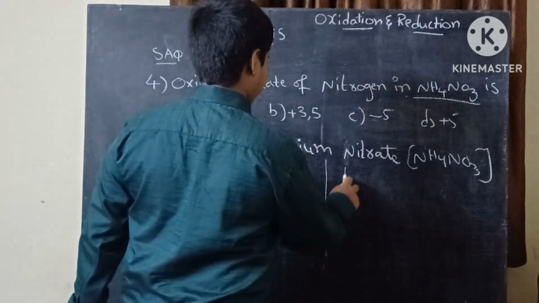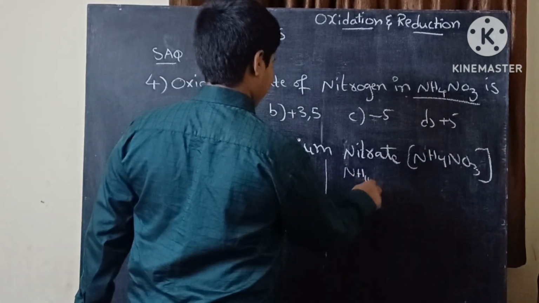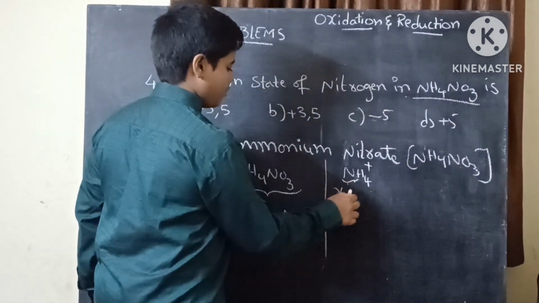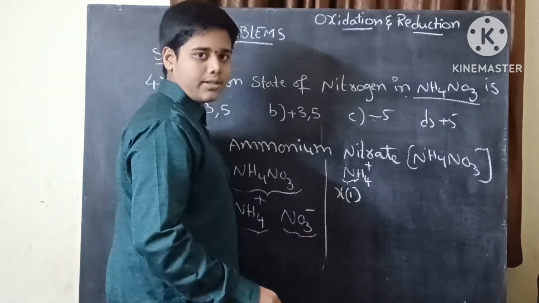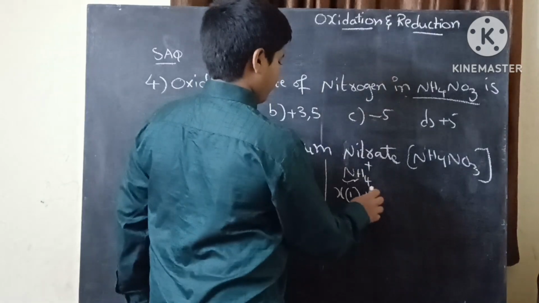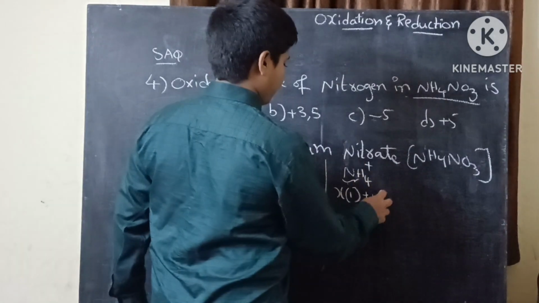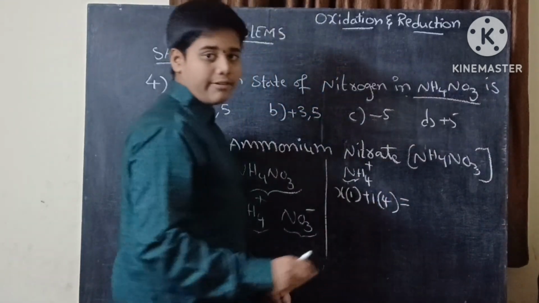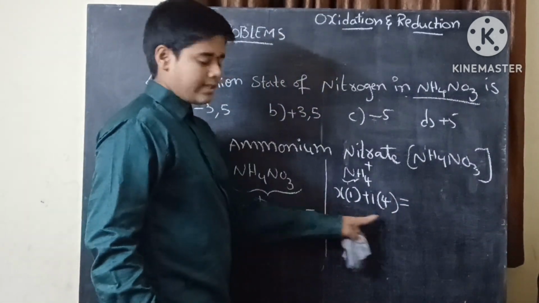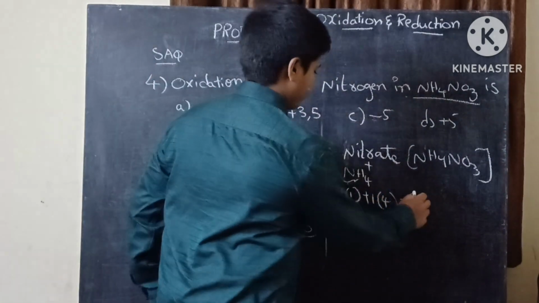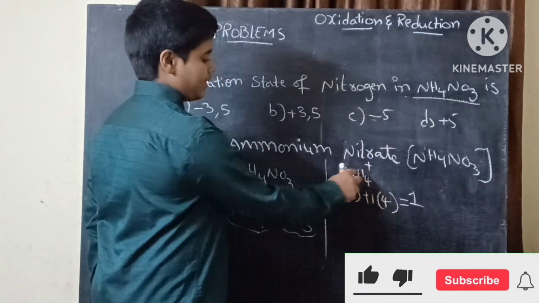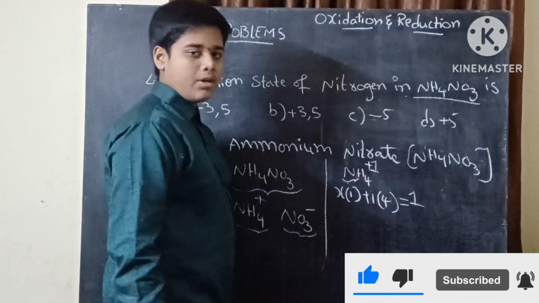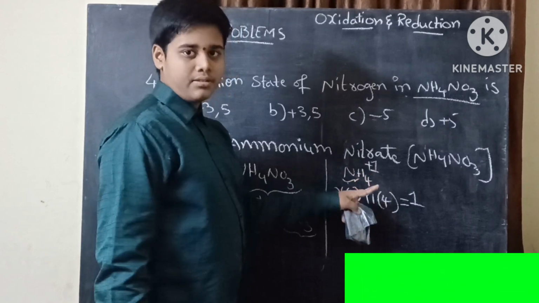Here I am finding it for NH4 plus. Nitrogen I am taking as X. One atom is there, X into 1, plus hydrogen, 4 atoms are there, 4, and I have to equate the sum of oxidation numbers to 1, because NH4 plus means plus 1 is the charge. So we have to equate with plus 1.